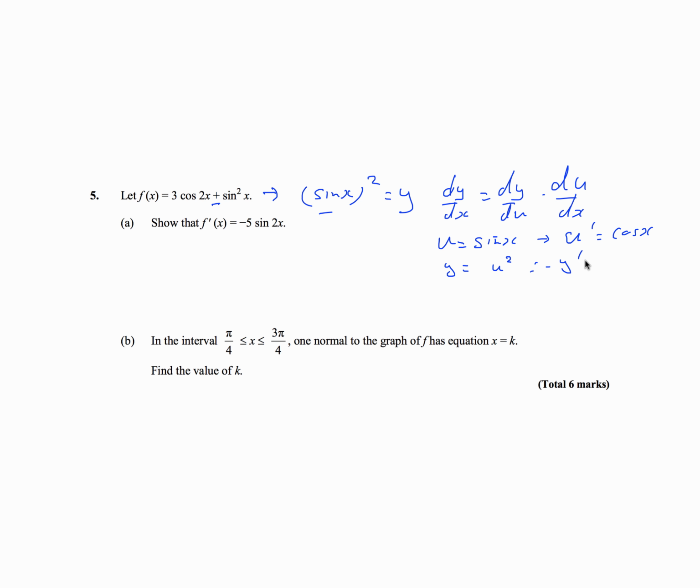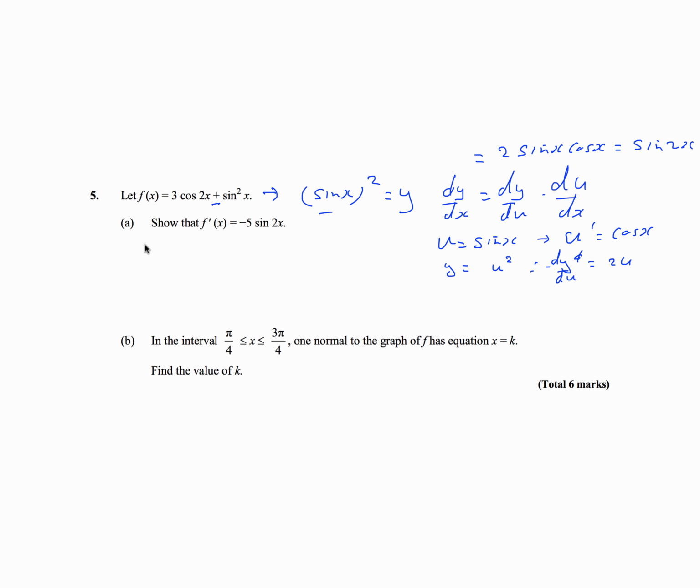Therefore dy by du is 2u. So therefore, dy by dx is equal to 2u, and u was sine x, so 2 sine x cosine x, and I definitely see a double angle formula, so that is sine 2x.